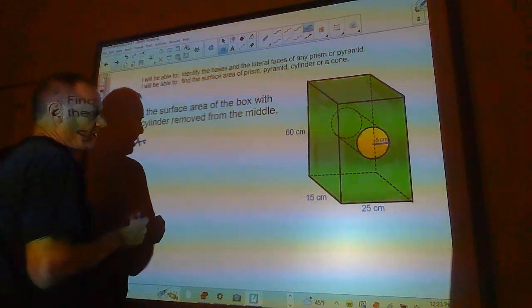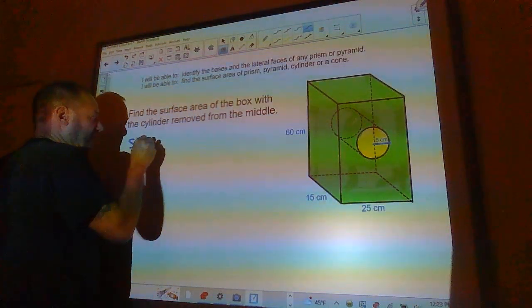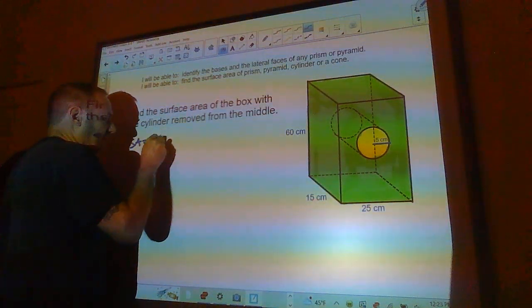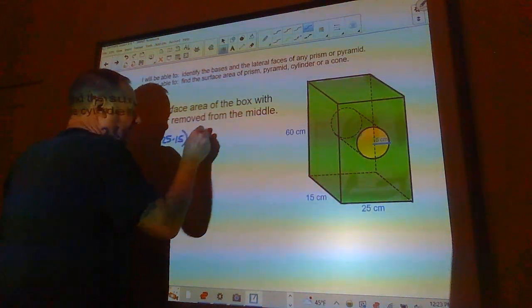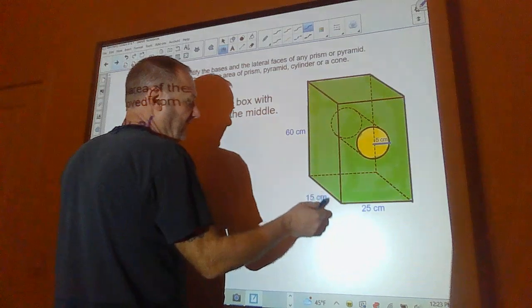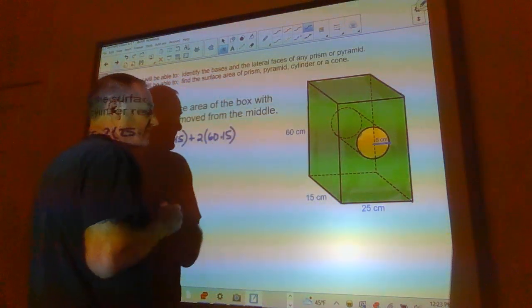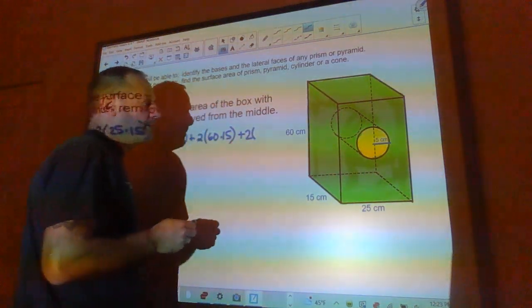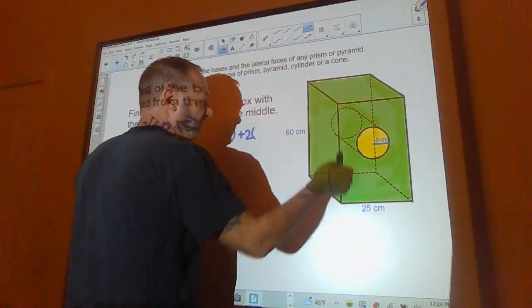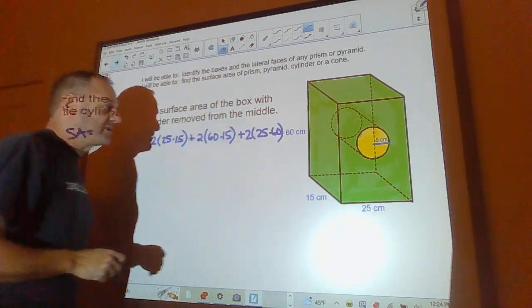Okay, so that's going to be, the bottom is going to be 25 by 15, and that's the same as the top, so it's 2 times 25 times 15, plus 2 times the left side is going to be 60 by 15. That's the same as the right, plus 2 times the front is going to be 25 by 60. Okay, there's the box.